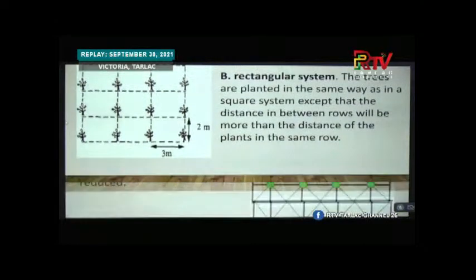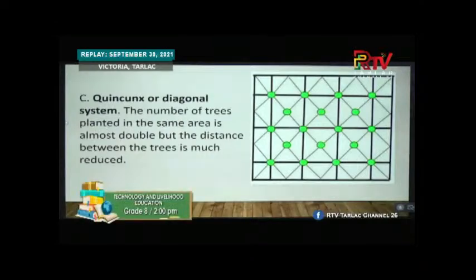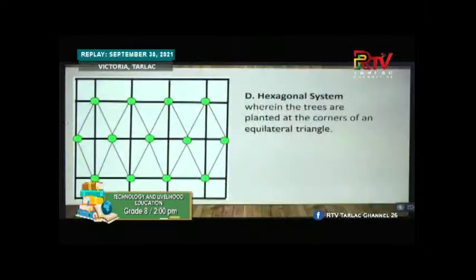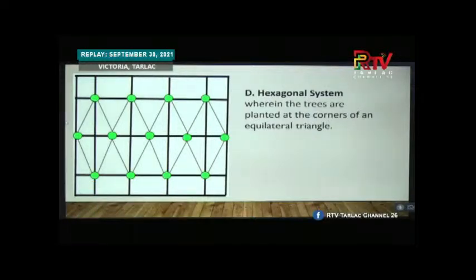Quincunx or diagonal system. The number of trees planted in the same area is almost double, but the distance between the trees is much reduced. Another row planting arrangement of fruit trees or orchard farm is the hexagonal system, wherein the trees are planted at the corners of an equilateral triangle.